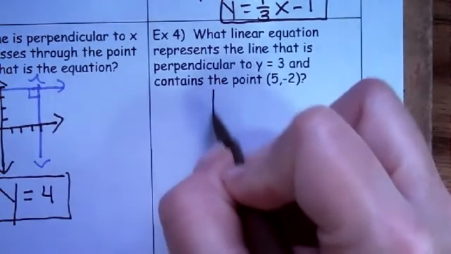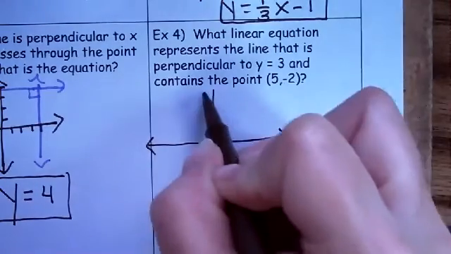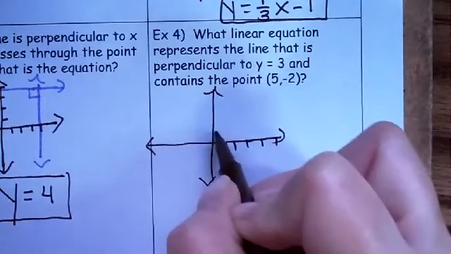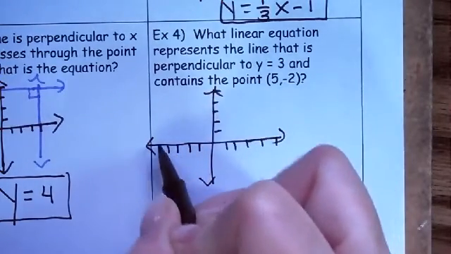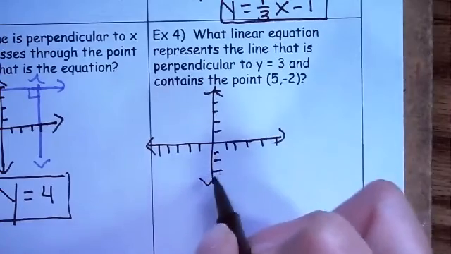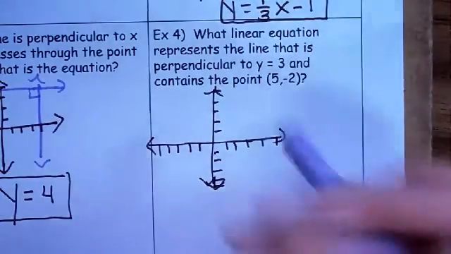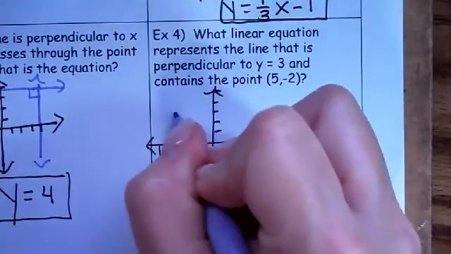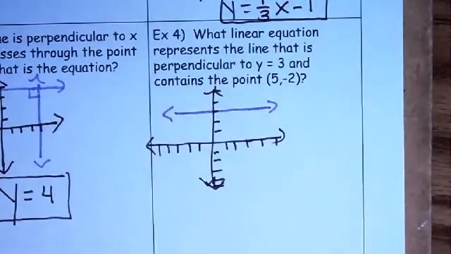If I draw my axes right here, it says I have the line y equals 3, so that means I'm going to go up here to 3. 1, 2, 3, and I'm going to make a horizontal line because we know y equals is horizontal.